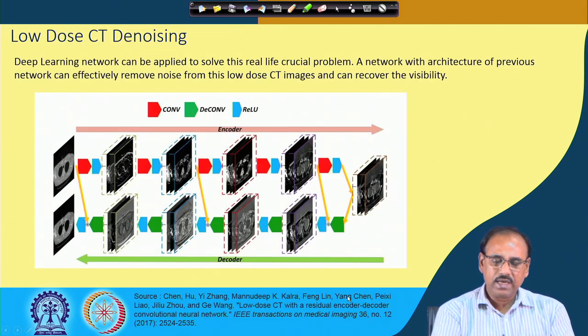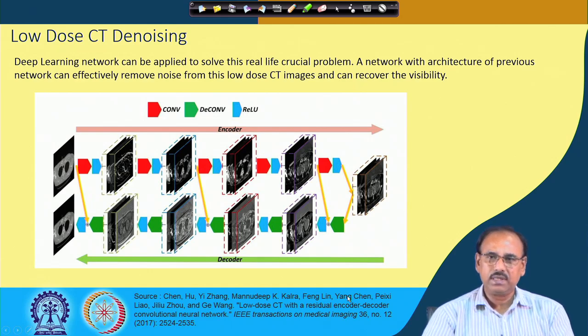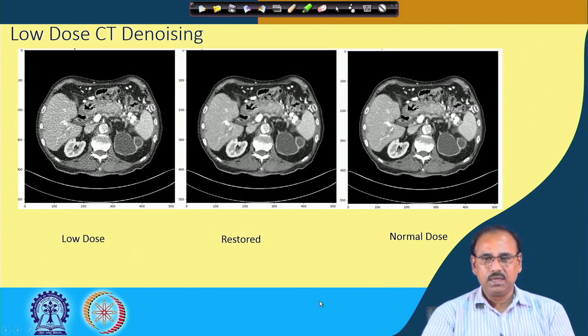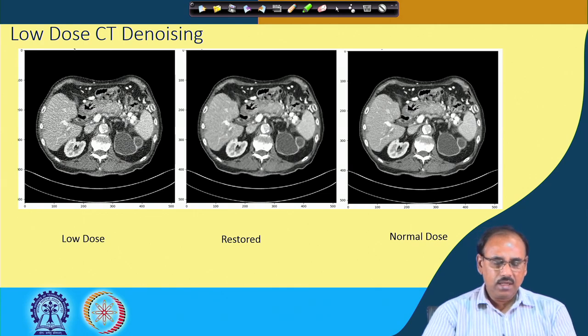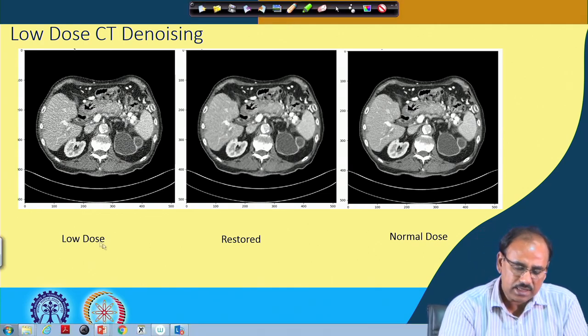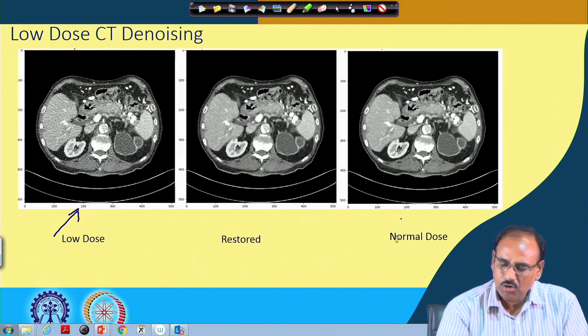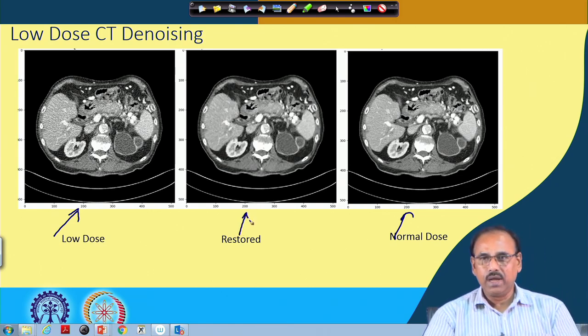Once the network is trained, this is the architecture that can be used for this denoising purpose, which is the same as that skip connection network. And this is an example result: on the left hand side you have a low dose CT image, this is the normal CT image, and in the middle you have a CT image restored by a trained deep neural network.